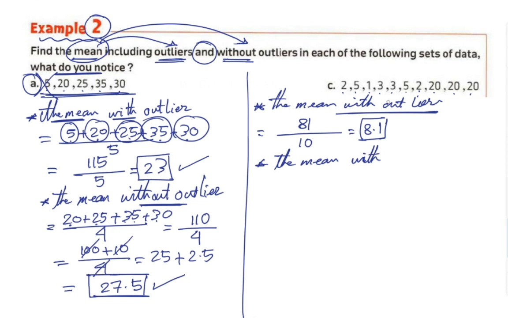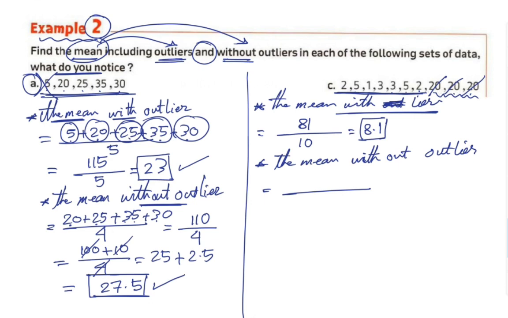Here we have the mean without outlier, so I will delete the outlier. Look here, what's the outlier? All of these values are close to each other, but these values are so far from the others, so I will delete all of them because these 3 values are outliers.